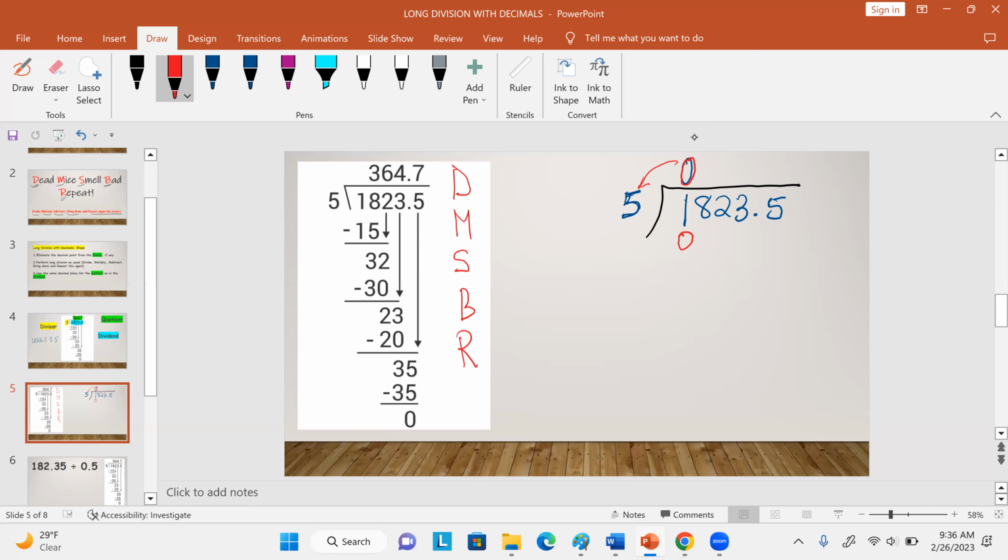After the multiplication, we do the subtraction: this 1 minus 0 is 1. Now the B, we bring down the next digit, which is 8. We have 18, and we repeat the process.